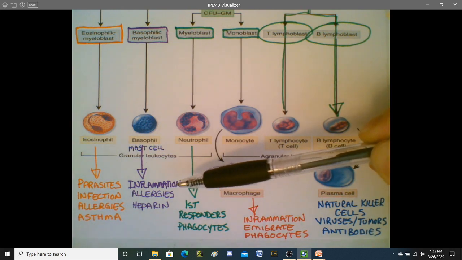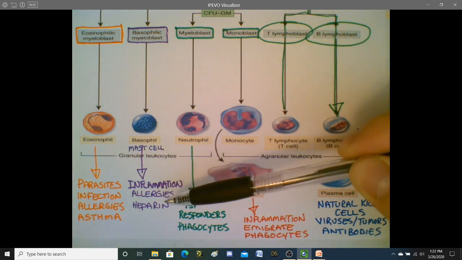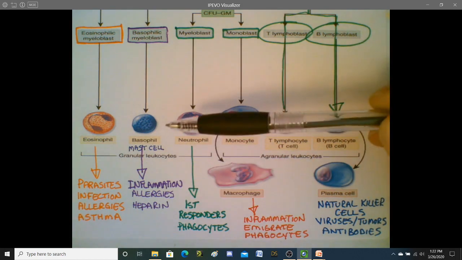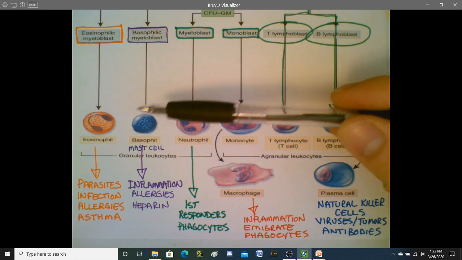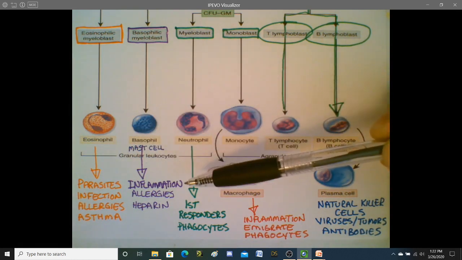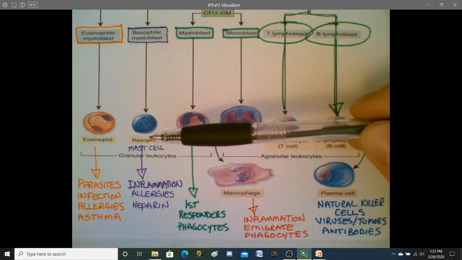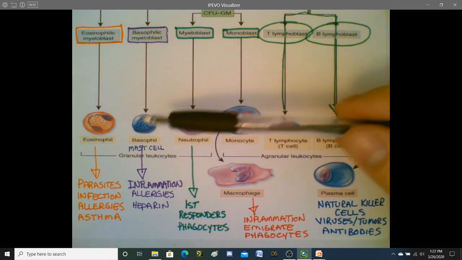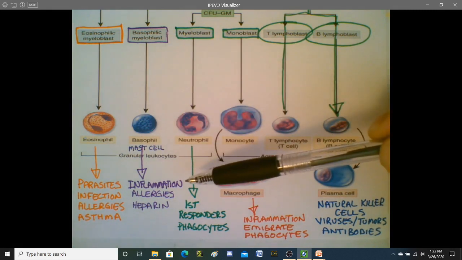And because of this, they are also related to allergies. So when we have an allergic reaction to something, we may trigger basophils to just go crazy and cause a bunch of inflammation that causes our allergy attack. If you have seasonal allergies, this is what's going on for you. You are triggering your basophils to produce a lot of inflammation.